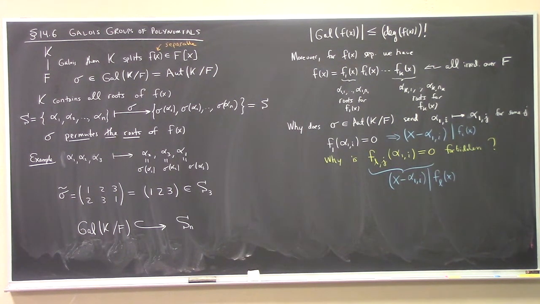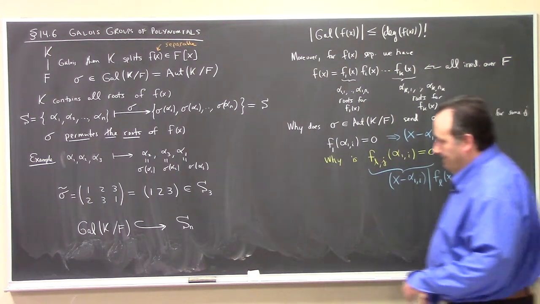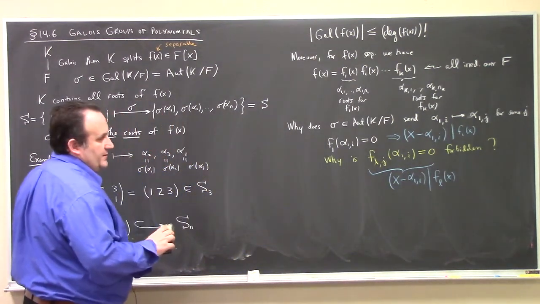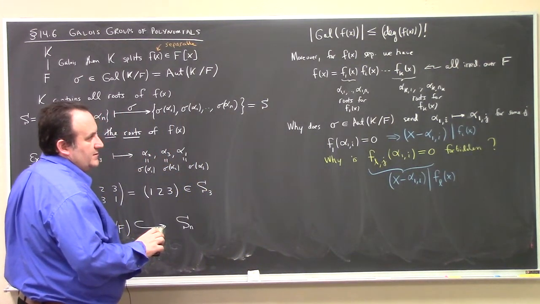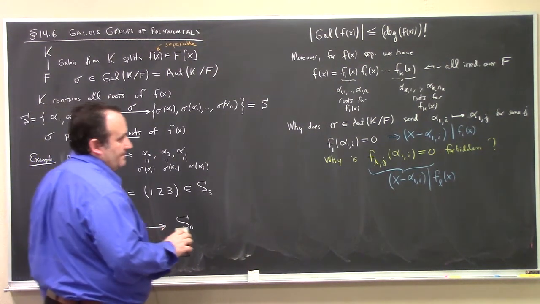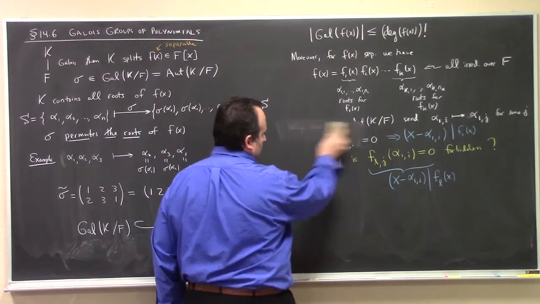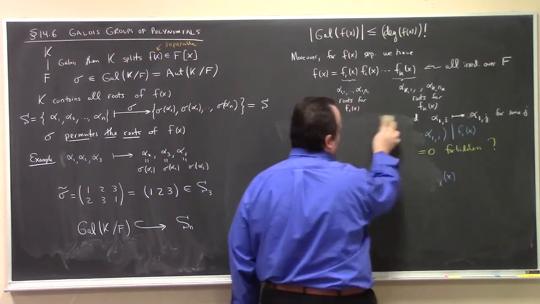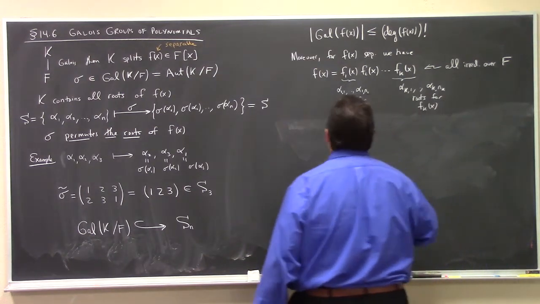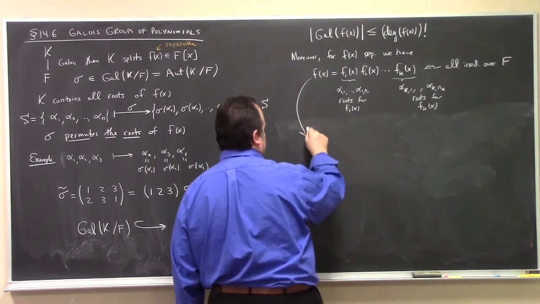Essentially when you square it out, like f of x equal to x minus 1 squared, it is not separable. That's all I'm saying, when you get that squared, in the splitting field.